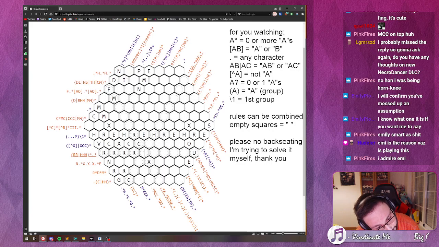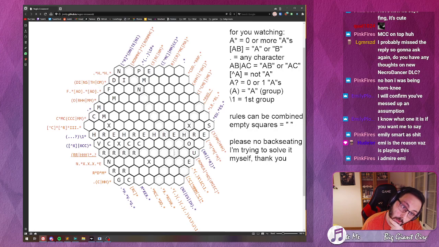Or was there anything else that forced an H? Is this forced an H? RL, RXO. Oh. Where am I gonna put the RXO though? Could this be an O?